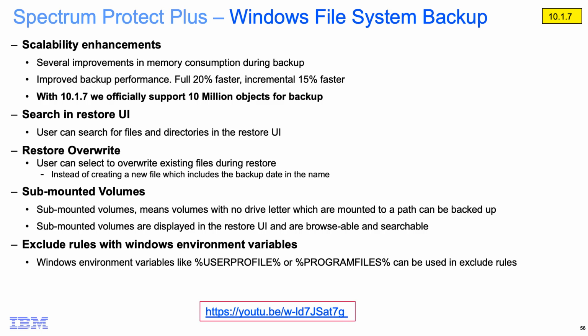You also couldn't back up sub-mounted volumes that did not have a drive letter, and with version 10.1.7, you can now do that. We've also enhanced the exclude rules for Windows to include Windows environment variables. So if you want to exclude a Windows environment variable from your backup, you can do that by referencing it with percentage signs.